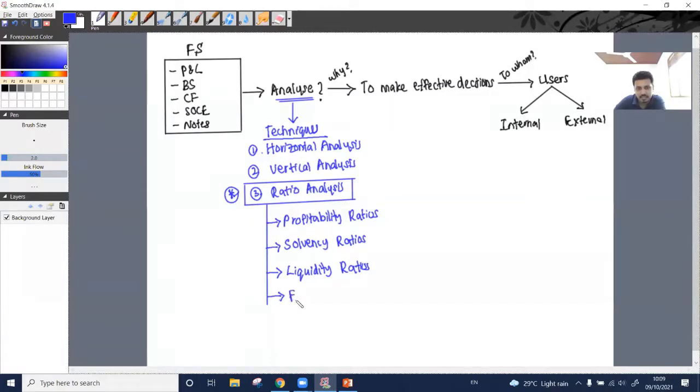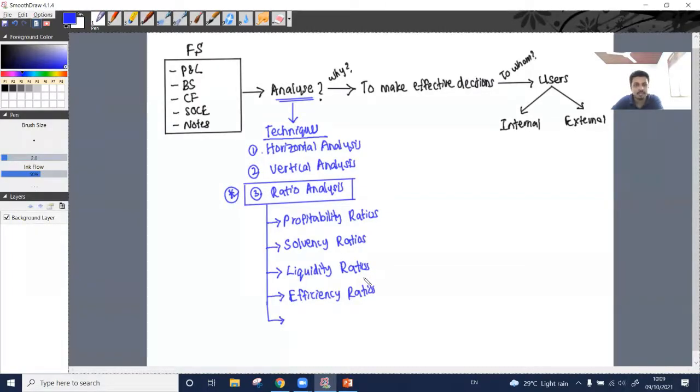There are efficiency ratios. Examples: inventory turnover, receivable turnover, payable (creditors) turnover, inventory period, collection period, and payable payment period.